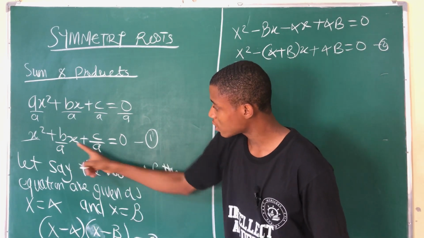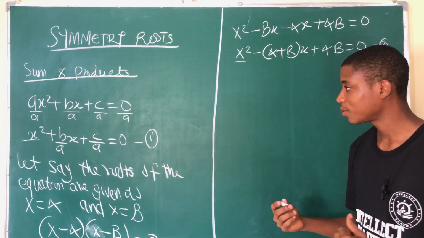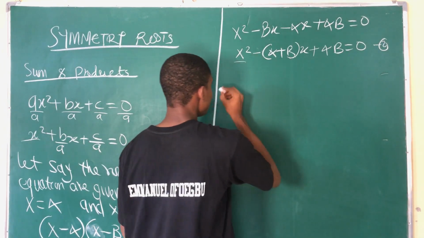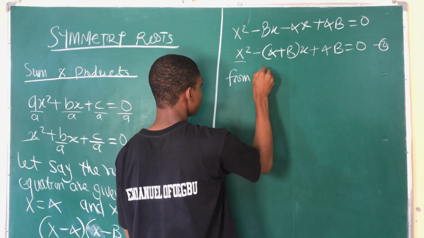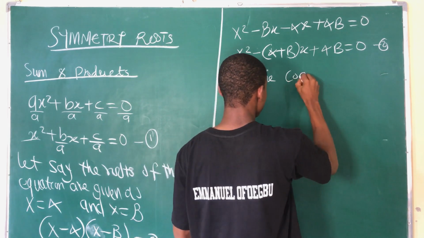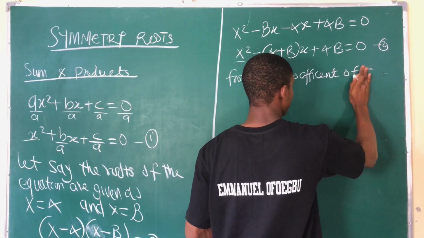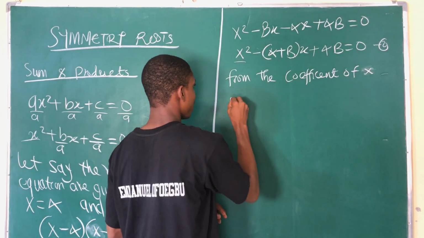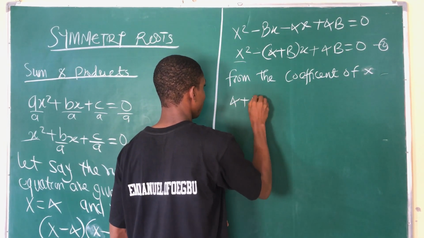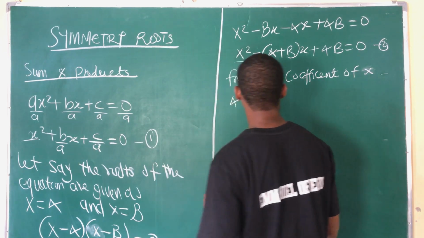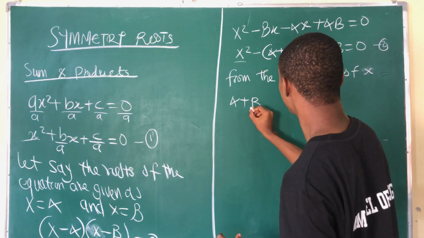The coefficient of x in both of these equations can be compared. We notice alpha plus beta. Now take note of the negative.